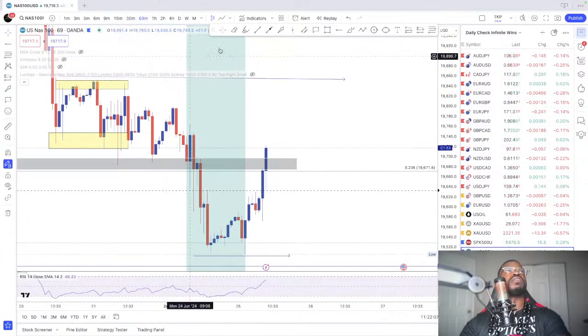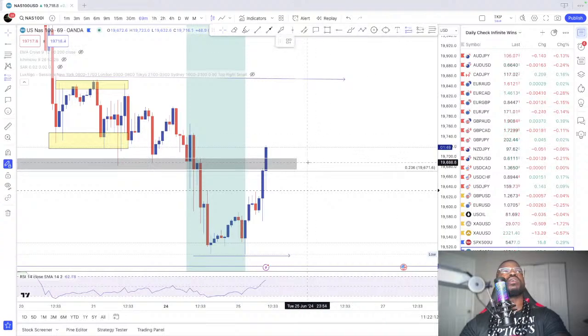So now we want to see if this thing is going to close above, and if so, we could take a buy.